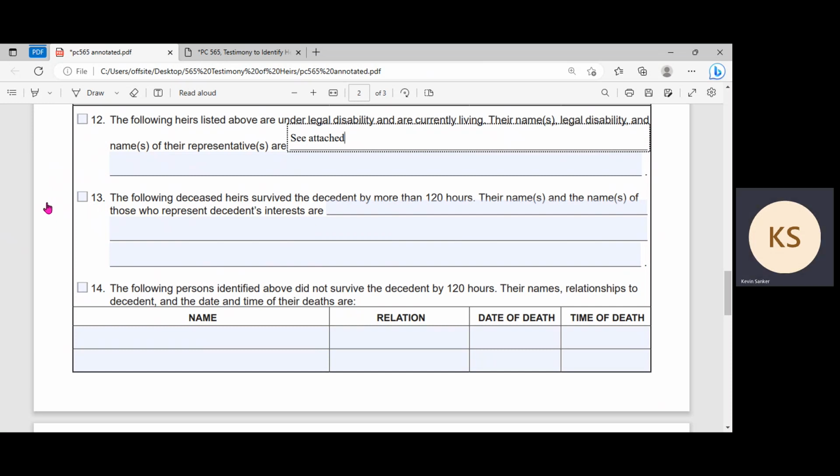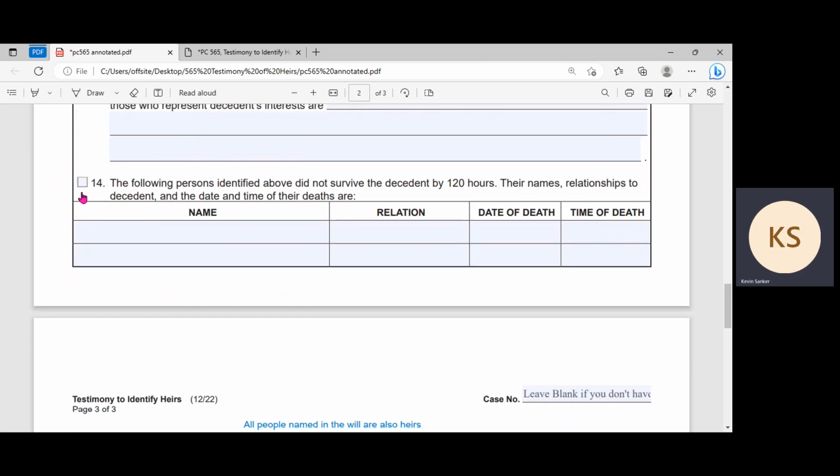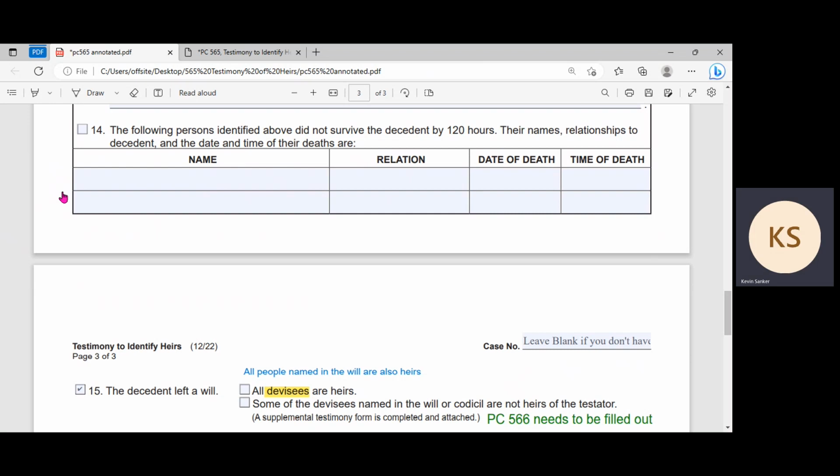If that's true, you'll check box 13 and fill in the names. Box 14 says the following persons identified above did not survive the decedent by 120 hours. Their names, legal relationship to the decedent, and the date and time of their death are. So if anyone died within that 120-hour period, enter the name and other information here in box 14.